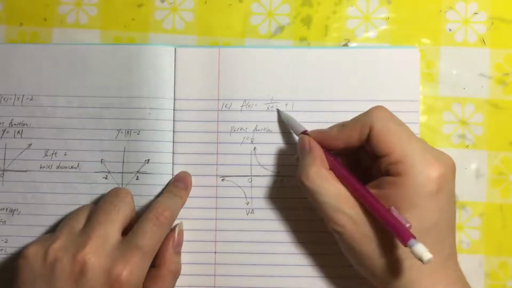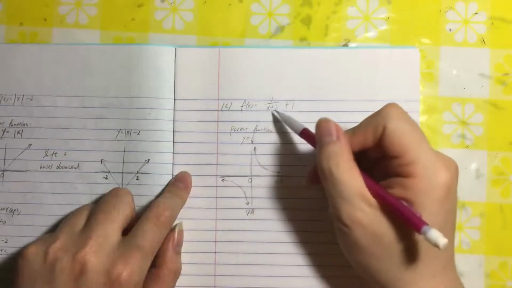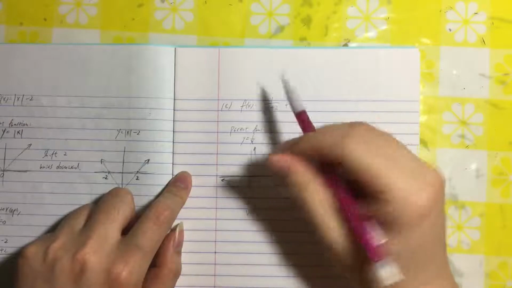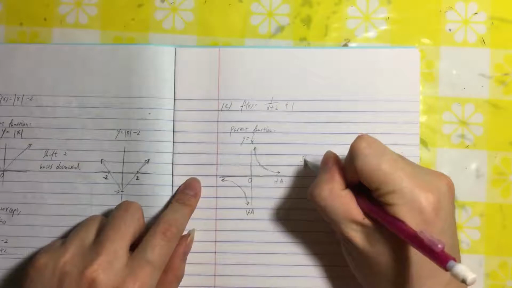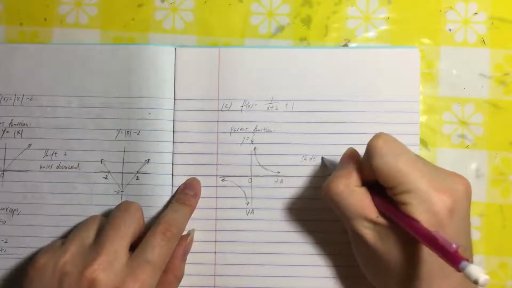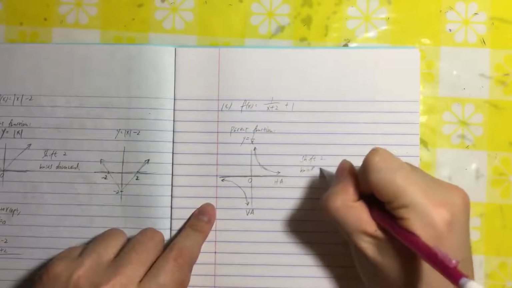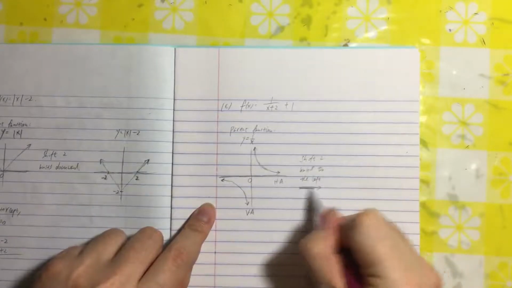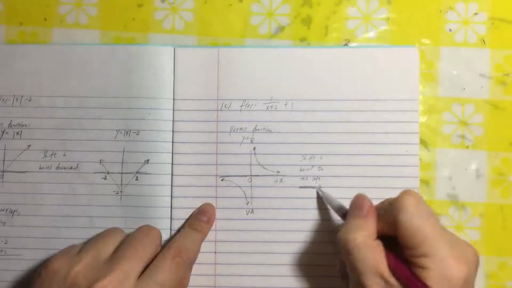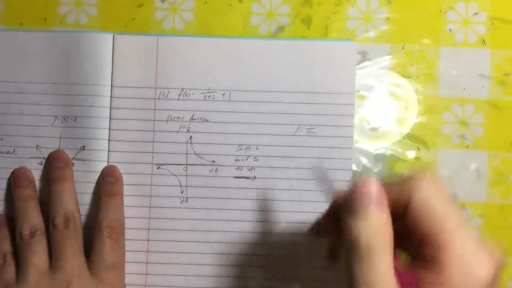First step, when I add 2 to x, I shift the graph 2 units to the left side. I get y equal to 1 over x plus 2.